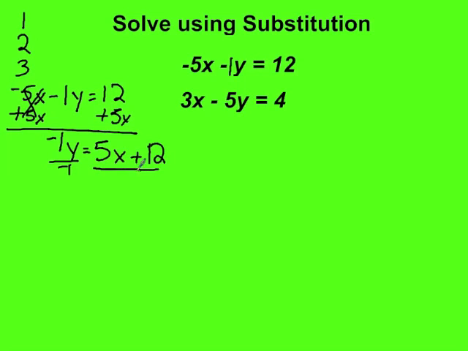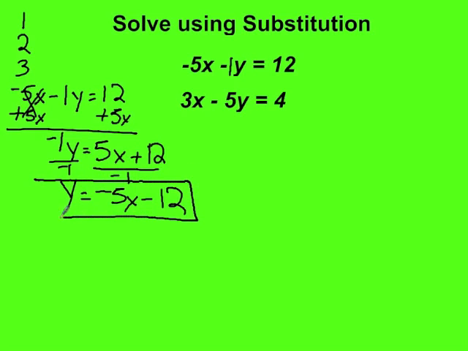I'm going to divide by -1. Y then equals 5 divided by -1, it's -5x. Plus 12 divided by -1 would be -12, or minus 12. And now we have that y by itself.